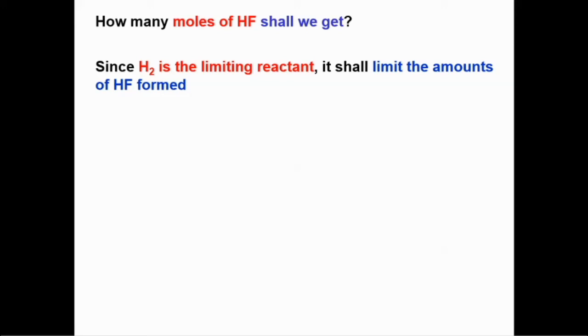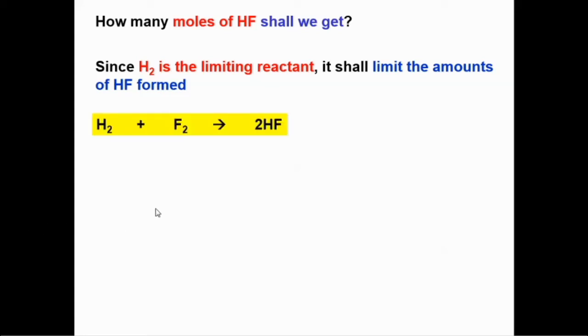But since we only have 3 vanilla flavored creams, we can only make 3 sets of Oreo sandwich cookies, because the vanilla flavored cream is the limiting reactant. So we can only get 3 sets, and not 4 sets. Now let's get back to hydrogen and hydrogen fluoride.